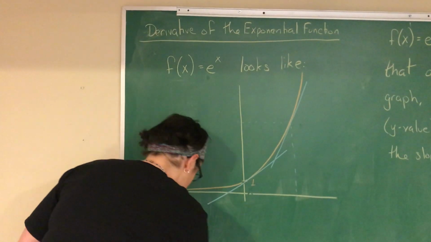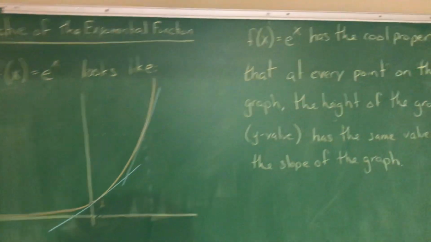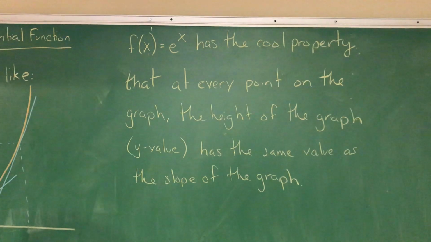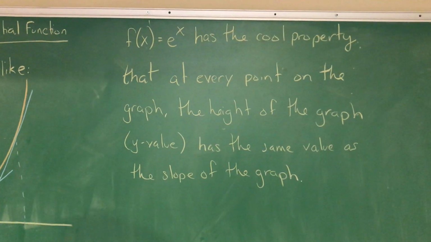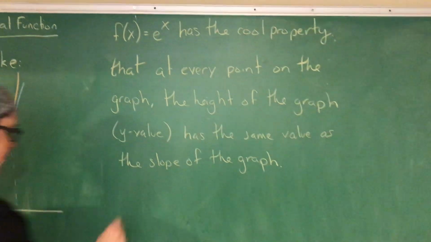So why is this important? Let me read this sentence again. Every point on the graph, the height of the graph has the same value as the slope of the graph. That sentence tells us our derivative rule for e to the x.